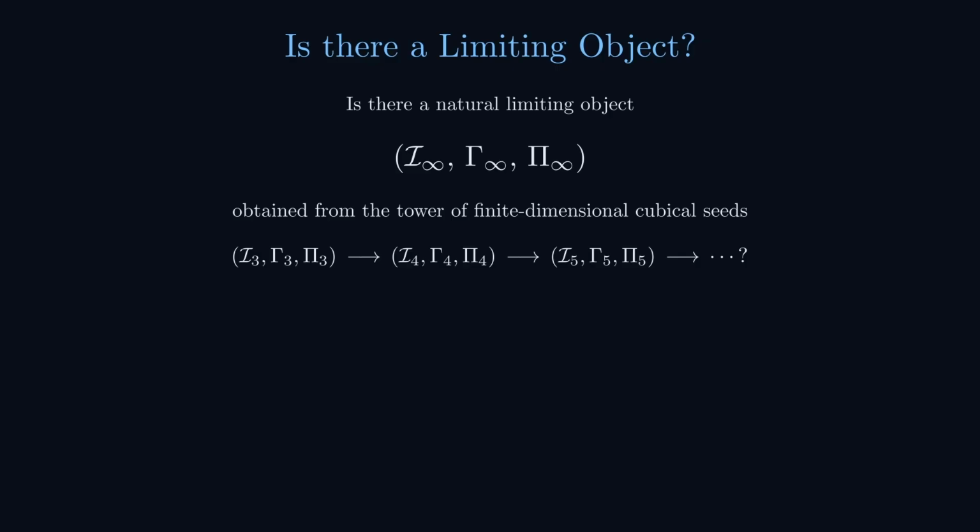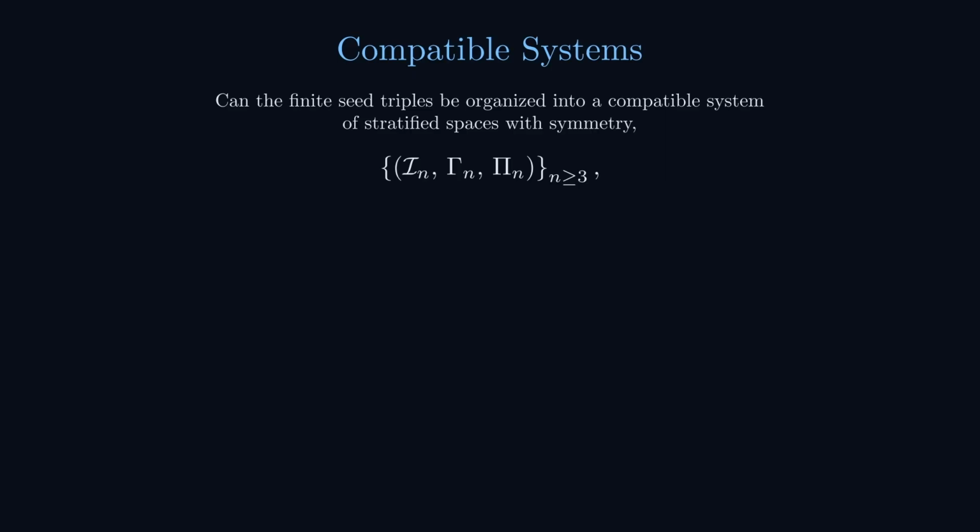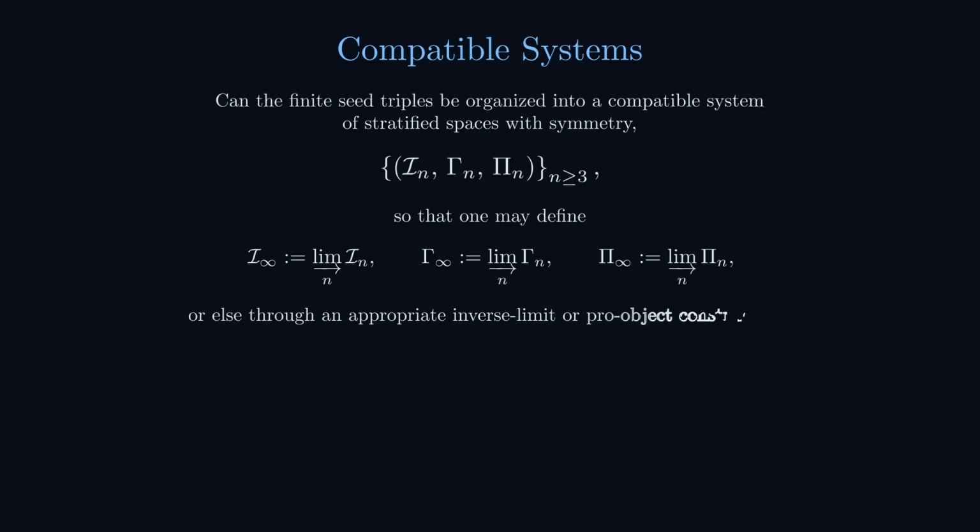So we get this postulated or hypothesized tower of objects for each n dimension. And can the finite seed triples be organized into a compatible system of stratified spaces with symmetry? So that one may define the limit through inverse limit or direct limit or some other construction.